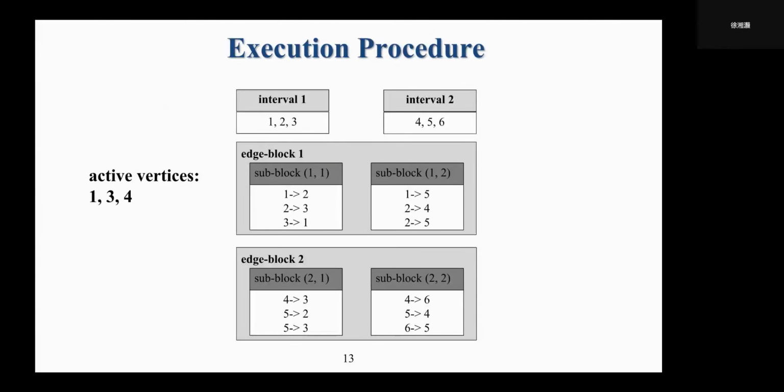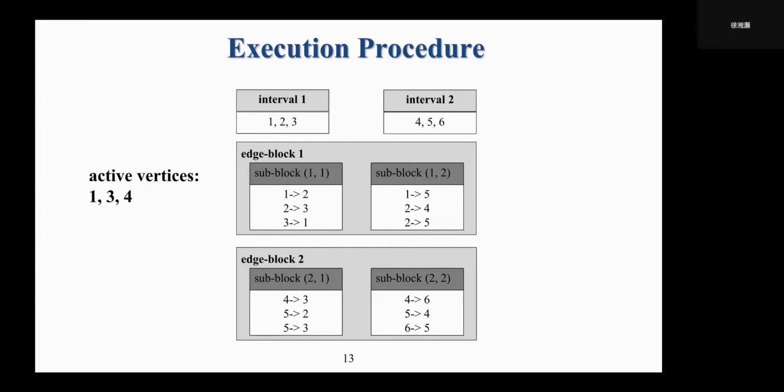Next, we illustrate the execution procedure of the update strategy of GraphSD with the following example. Let's consider two situations. Supposing the active vertices in the current iteration are 1, 3, and 4. GraphSD successively processes from subblock 1, 1 to subblock 2, 2. In this case, since the number of active vertices is small, GraphSD selectively loads the active edges into memory when processing each subblock.